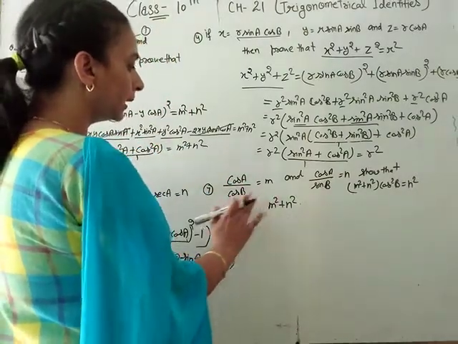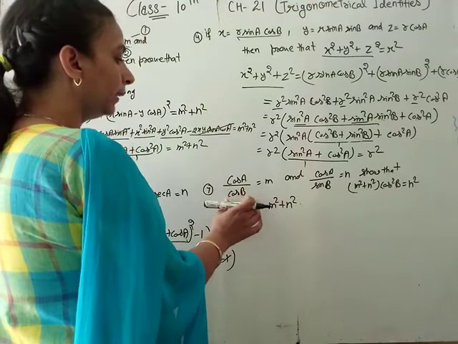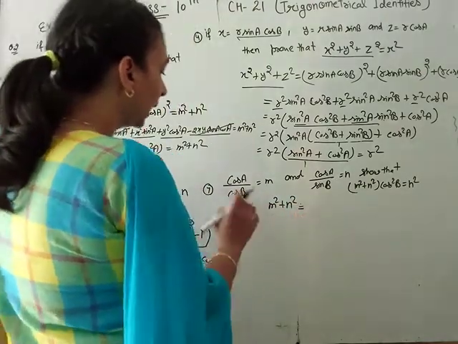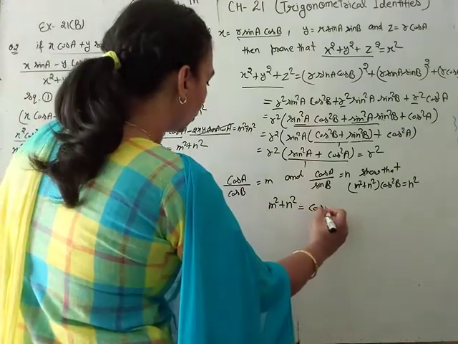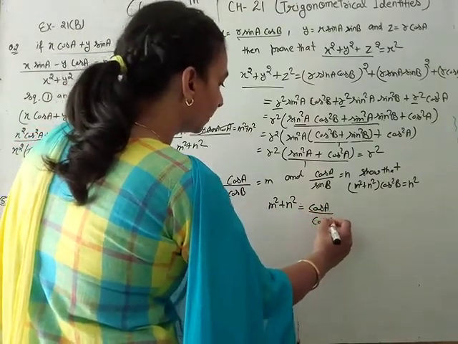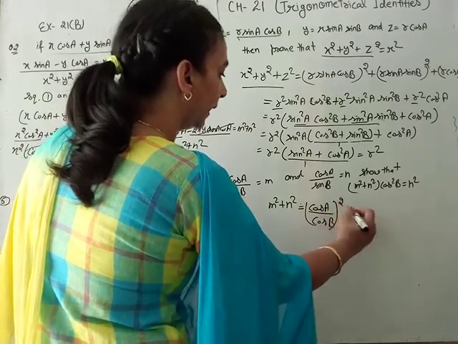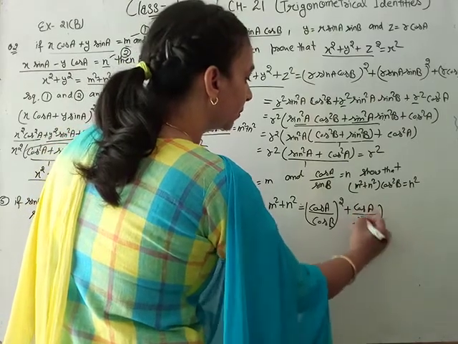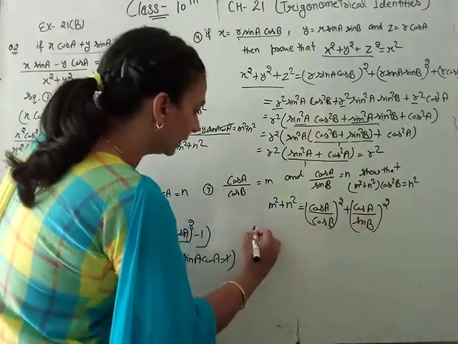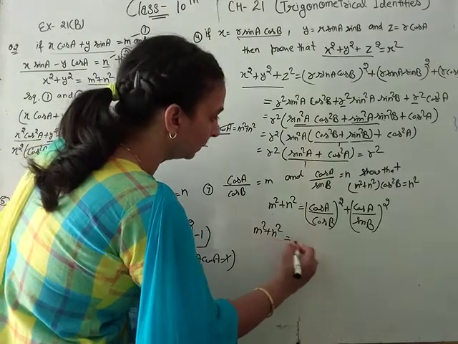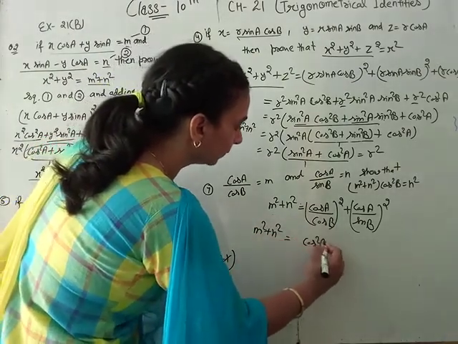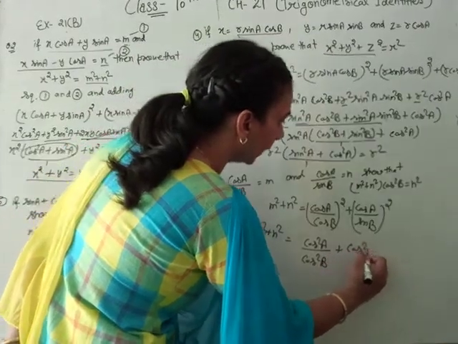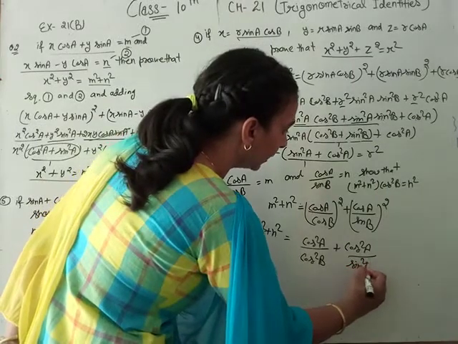According to this, this is m and this is n, so squaring and adding, m square plus n square equals (cos a by cos b) square plus (cos a by sin b) square. That is cos square a by cos square b plus cos square a by sin square b.